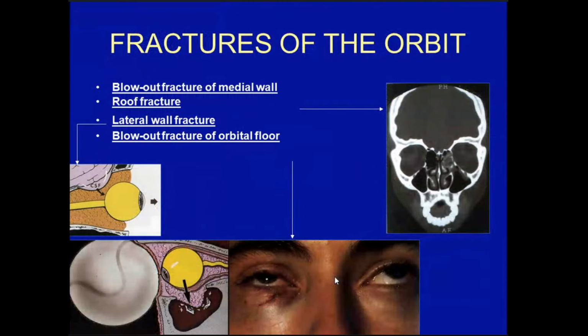On this picture, you can see examples of fractures of the orbit: medial, lateral, blowout fracture of the orbital floor.